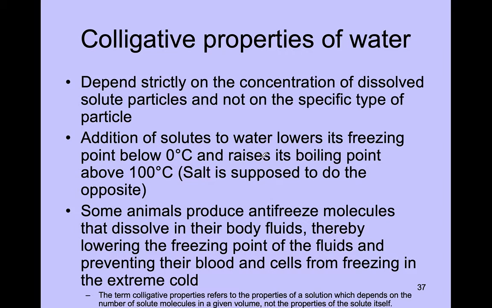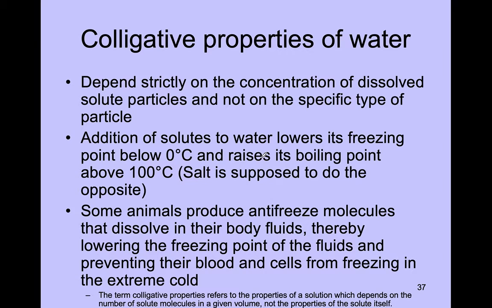And it'll have different properties depending on how much sugar is dissolved in it. That's all colligative means. So colligative properties will depend strictly on the concentration of particles, not on the actual type of particles. Think of sugar water. If we put just a little bit of sugar in water, the water is still very liquid-like, has a very low viscosity.